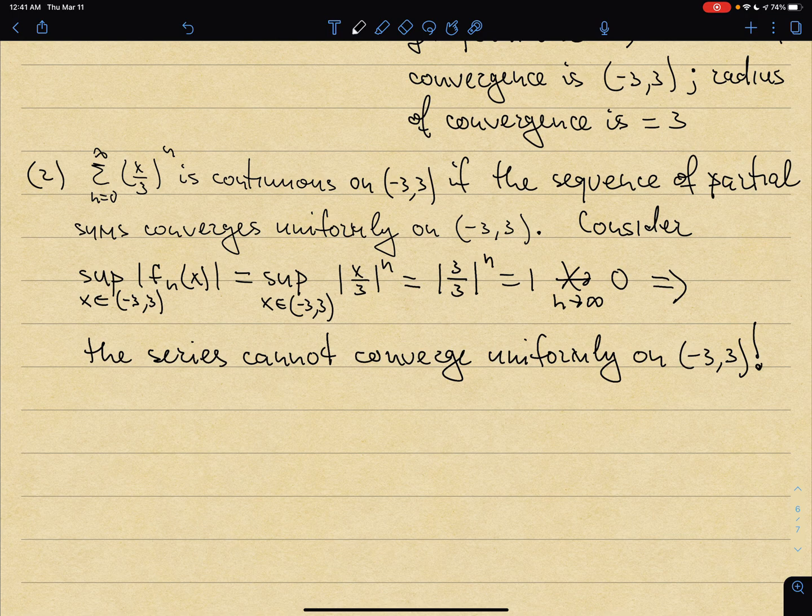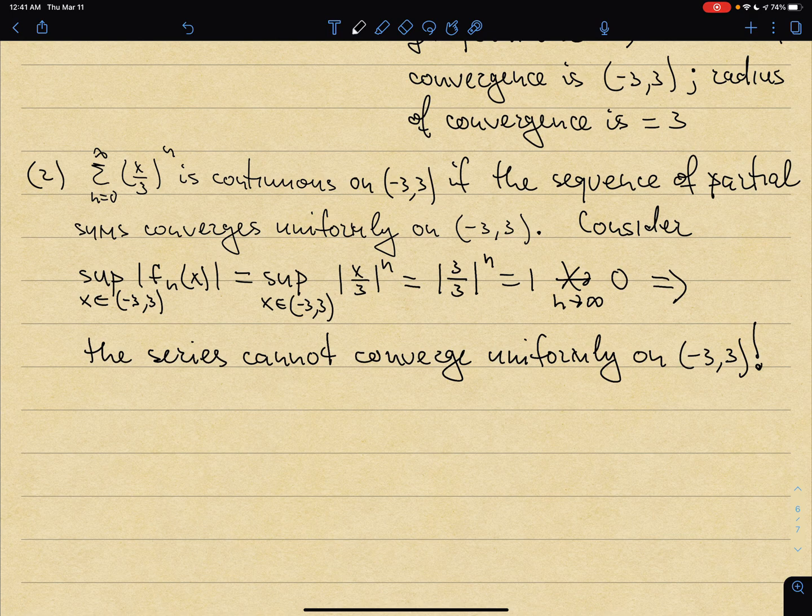Because what was a theorem that we proved in this regard? If I have a sequence of continuous functions that converges uniformly to another function, then the limiting function must be continuous. But I did, I think, an example or two where I have a sequence of functions that are continuous and are not convergent uniformly, but they still converge to a continuous function.